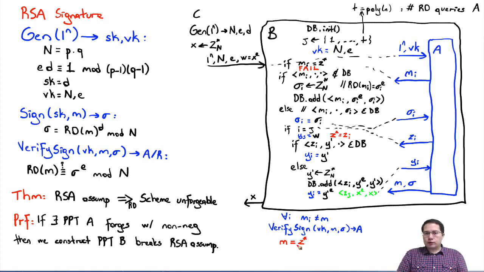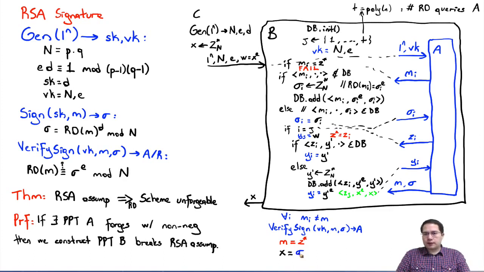If all these three hold, think about the signatures here. If m is z star, we have given the adversary x to the e as the random oracle output. So if this signature sigma verifies, then it must be x. So B can say that this x is indeed sigma given by the adversary.